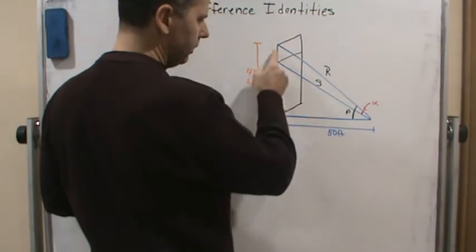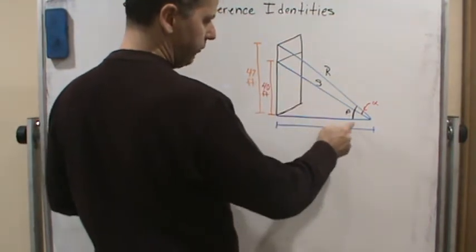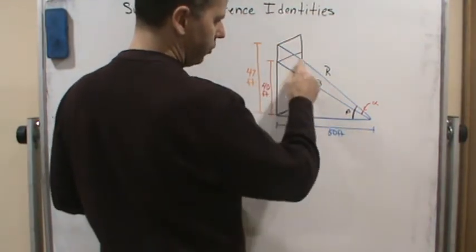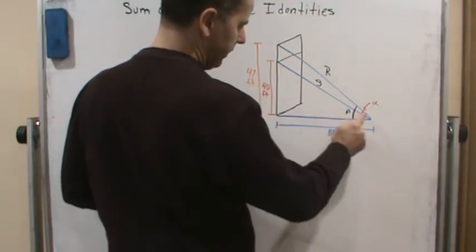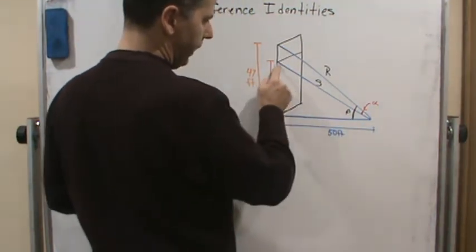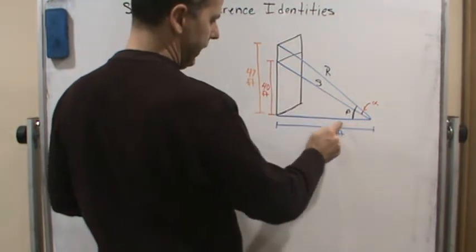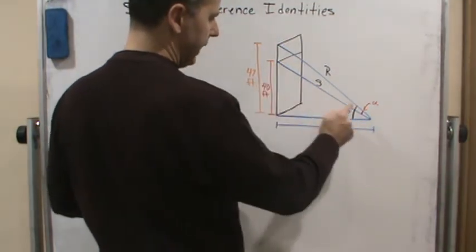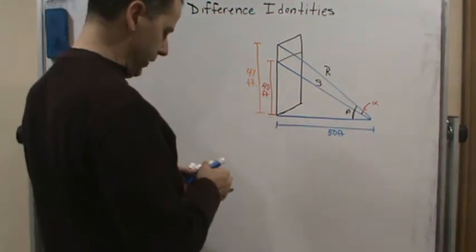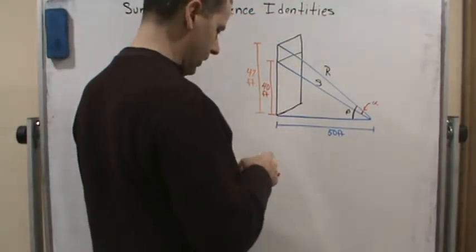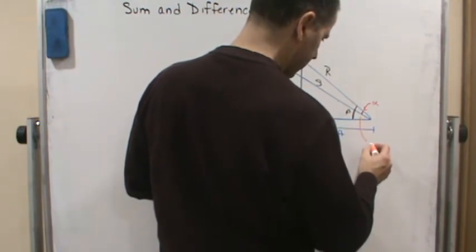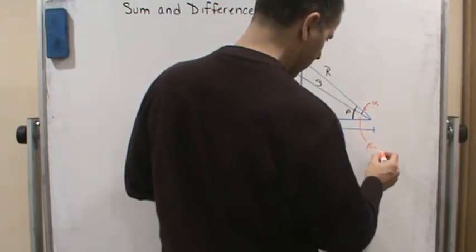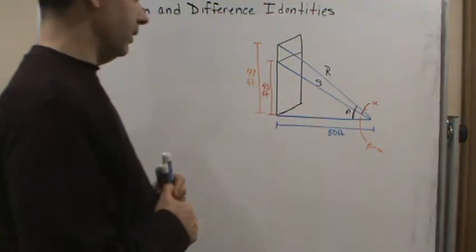One right triangle has an angle of beta, and the other triangle has an angle right here. This angle is beta minus alpha. So we could actually label that. We'll call this beta minus alpha, okay?